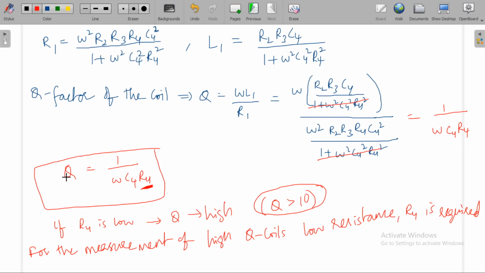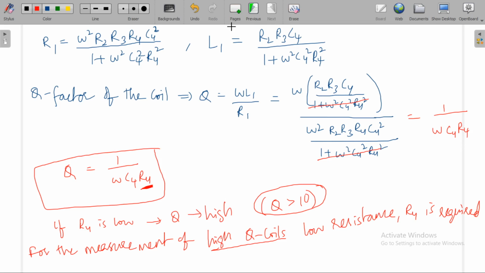For the measurement of high Q coils we require low resistance. So this bridge is suitable for the measurement of high Q coils, that is Q is greater than 10.